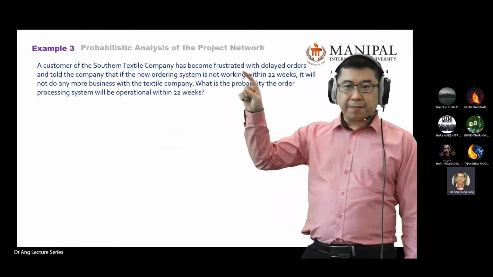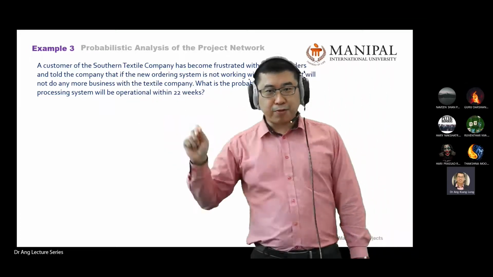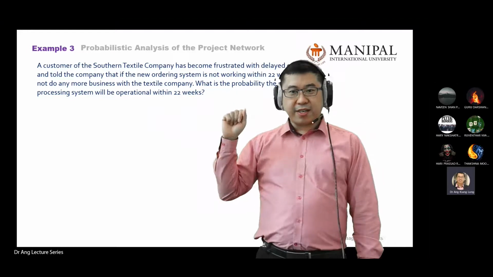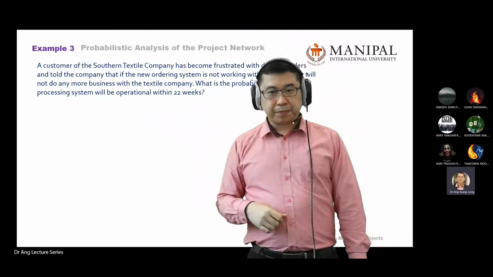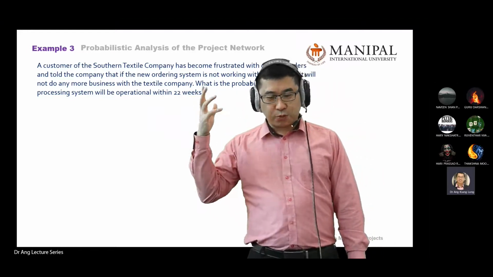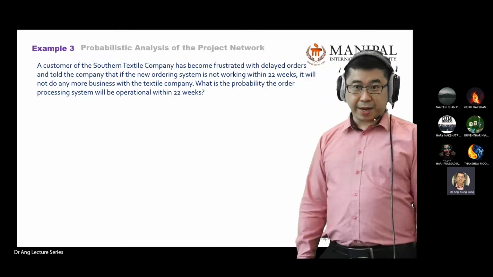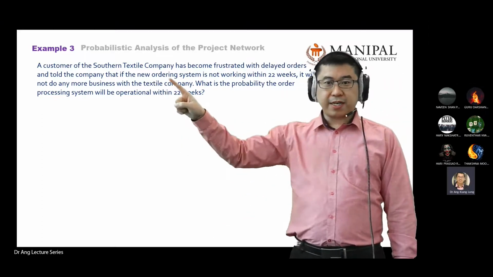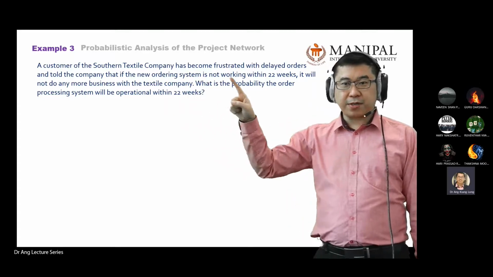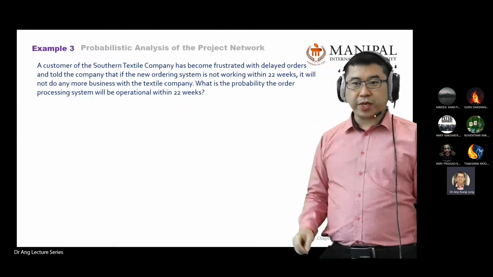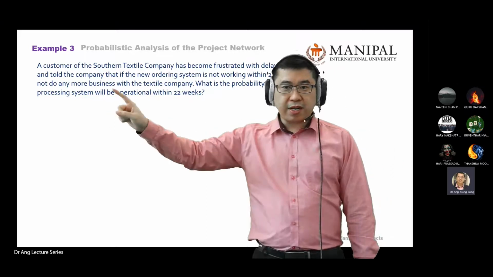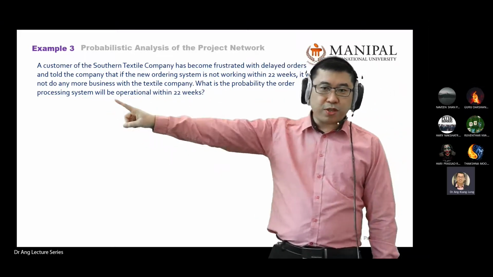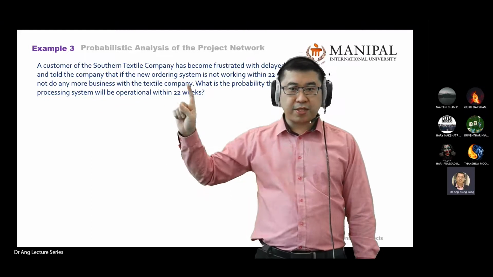Then the next scenario happened in example number 3. So the customer comes and complains to them, right? Feels frustrated, and they're not able to receive the order on time. So he told the customer that if the new ordering system is not working within 22 weeks, he will not do any more business with the Tensile company.